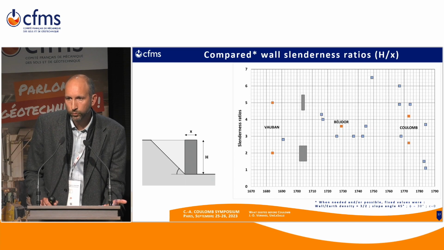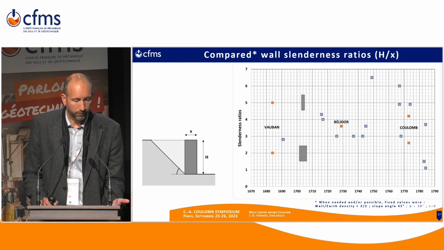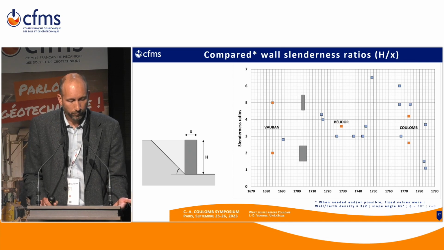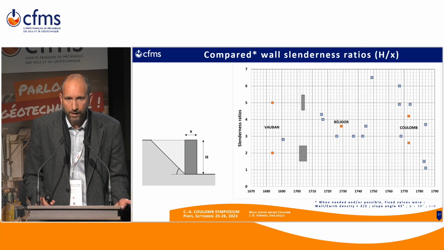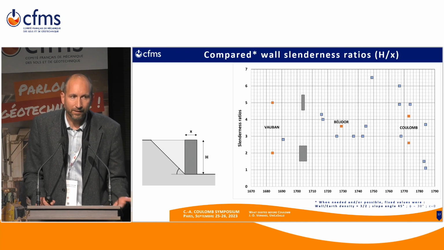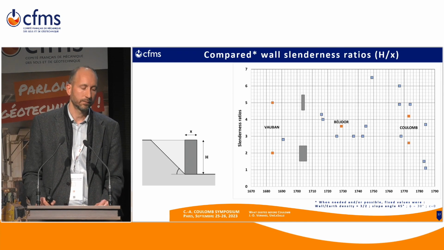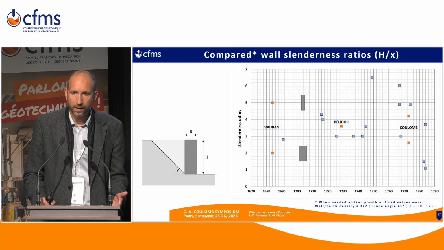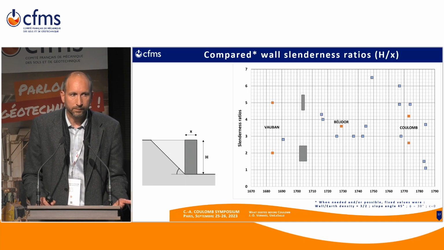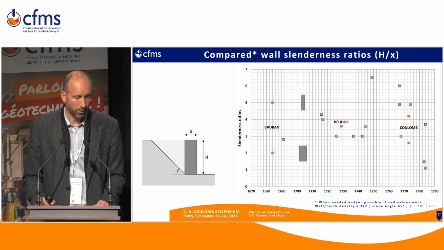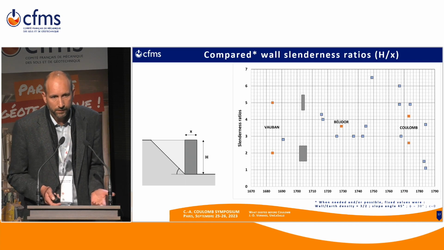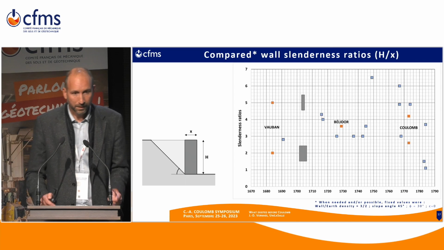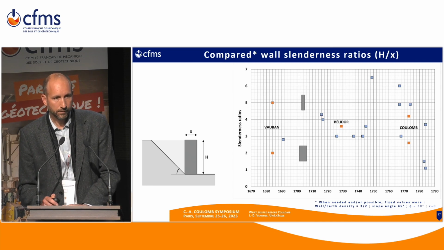So this was an awkward job because many of the expressions of all those scientists were quite hard to handle, and none of them always entirely defined the slenderness ratios. So I had to fix a certain number of values, trying to keep them as steady as possible among all theories.